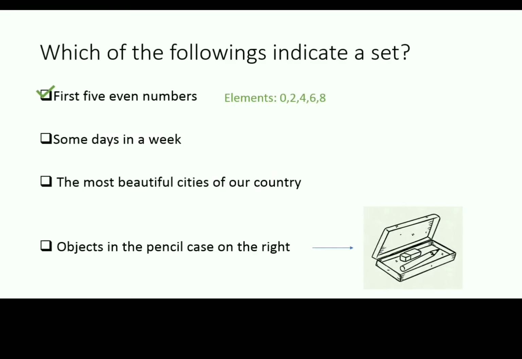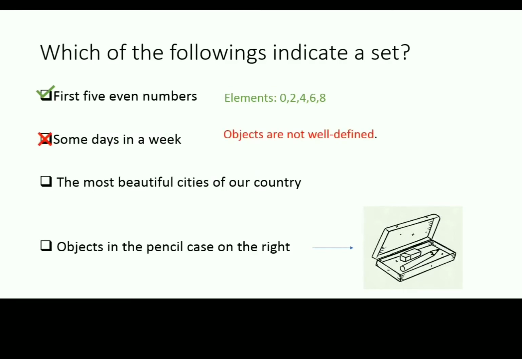Think the other questions. Some days in a week. Which days? Monday or Thursday? What do some days mean? We don't know. So, objects are not well-defined and do not indicate a set.